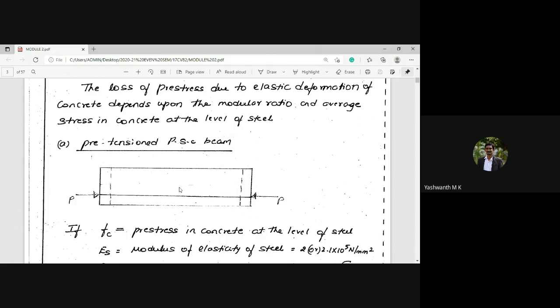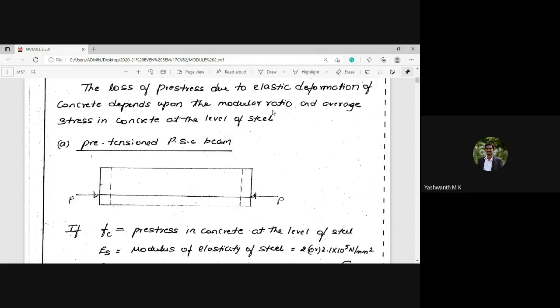After a certain time, you can see here the solid line indicates the initial length, and once the concrete undergoes some elastic deformation, you can see the length has been reduced. This deformation is within the elastic range.